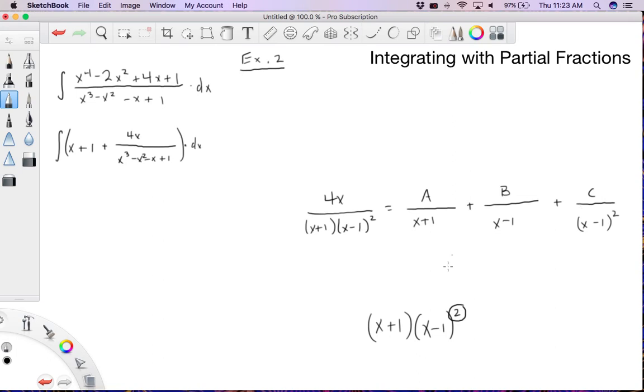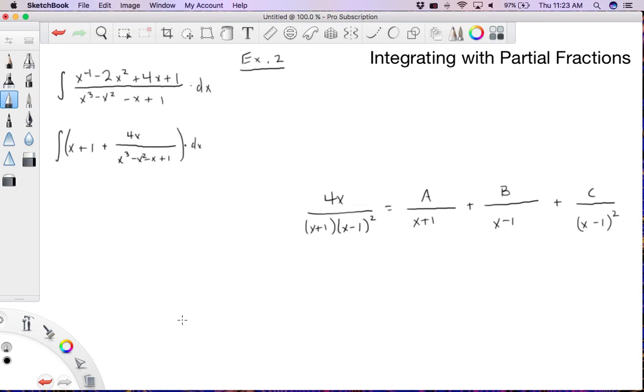So in the case where your multiplicity is greater than 1, you need to include all possible powers of that factor. So here we have x minus 1 to the first and x minus 1 squared. We need both of those. It's possible that one of them, like B or C, could be 0, but we can't assume that. So we need to include the option to have all three of these factors available.